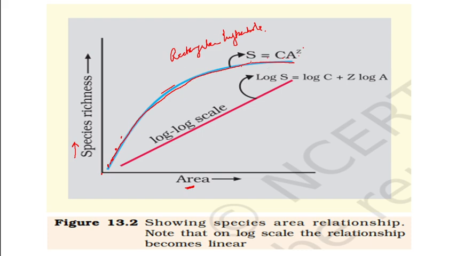Here S indicates the species richness and A is the area. When this equation is converted to log form, it becomes log S = log C + Z log A, and a straight line is obtained on the log scale.